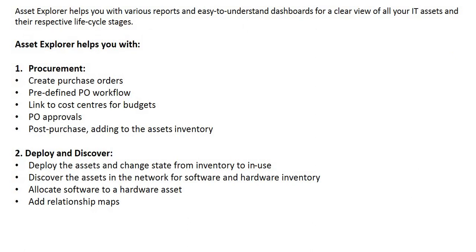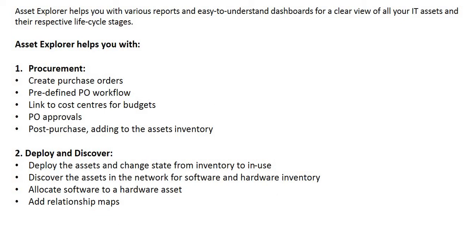And this asset explorer helps with procurement of it. Each and every step is described in an elaborate manner, I can say. Because procurement is nothing but, you have to have the purchase order, PO here stands for purchase order.